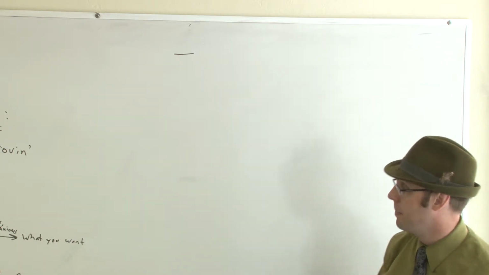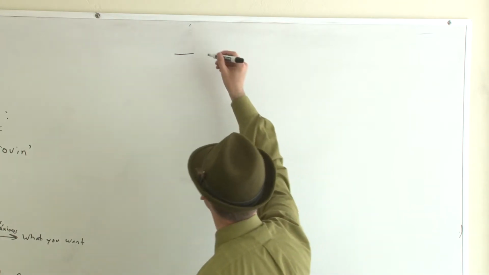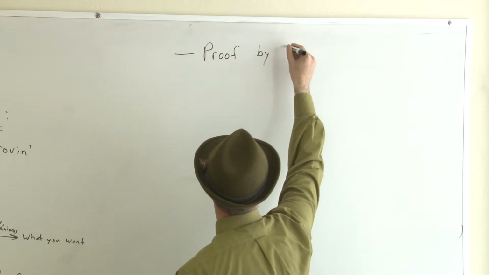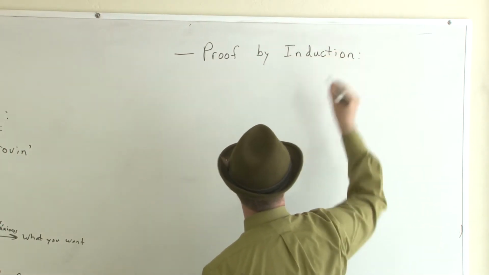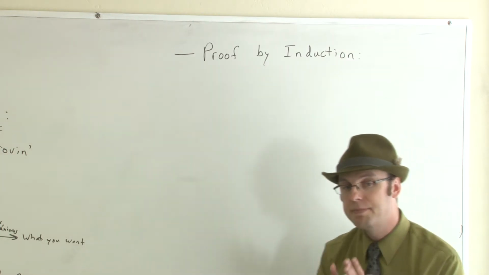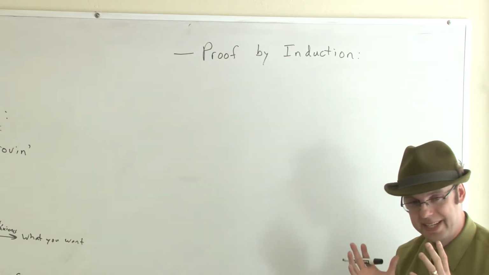They're really quite fun. What we're going to be dealing with is proof by induction. Which is great. When you can do one of these types of proofs, it's absolutely beautiful, because it's such a neat trick.